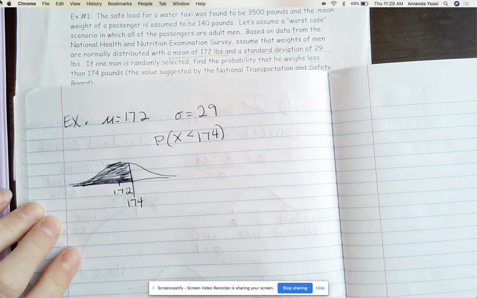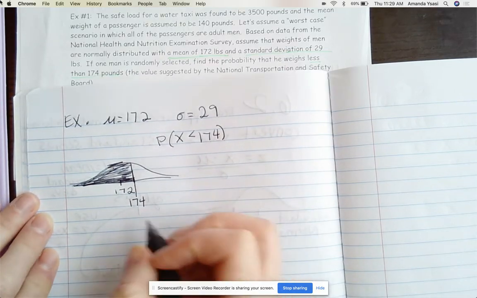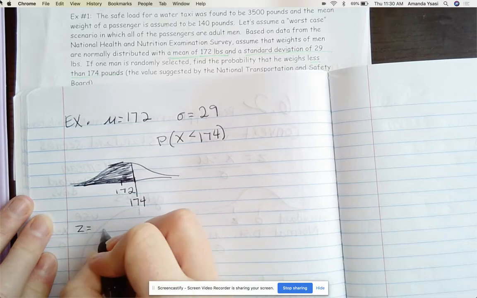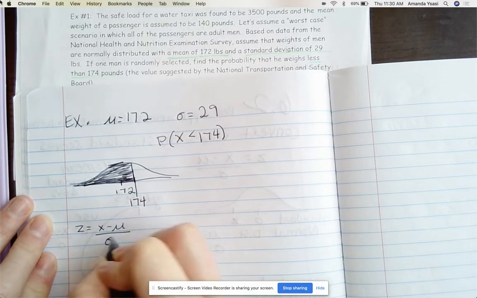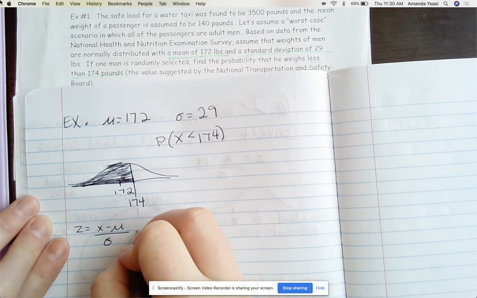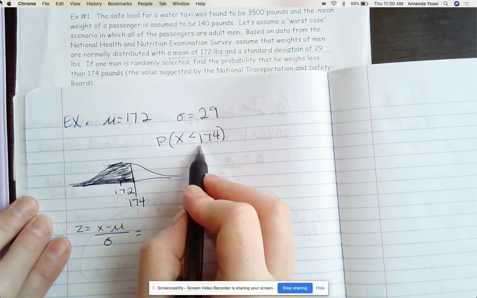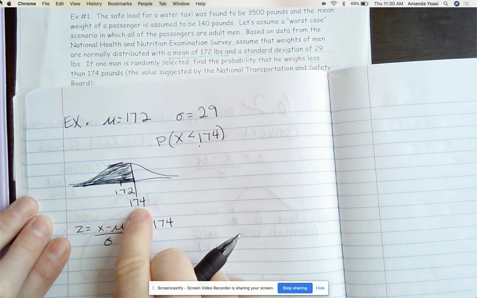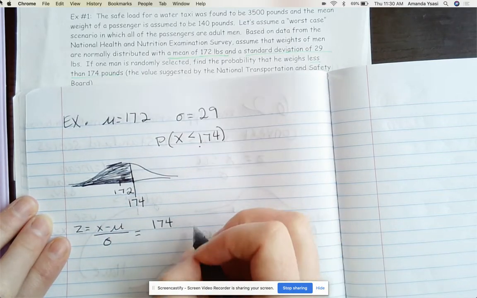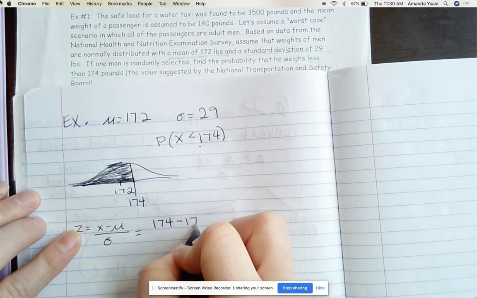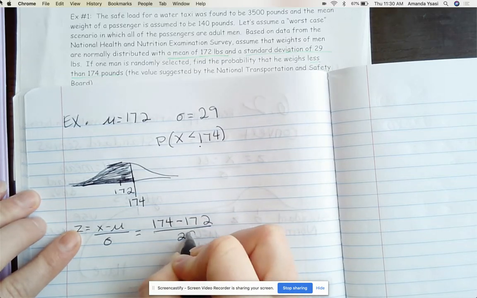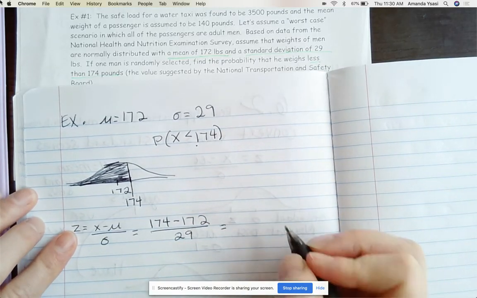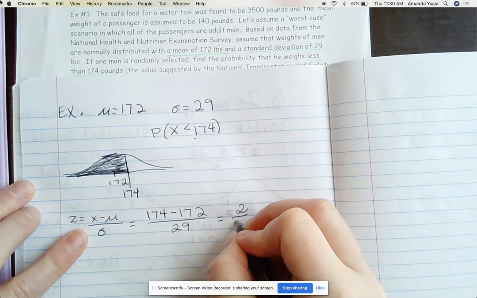So our instructions say to convert that X to a Z. So remember, Z equals X minus mu over sigma. X is the 174, because we want this as a Z score. 174 minus 172 over 29 equals 2 over 29.